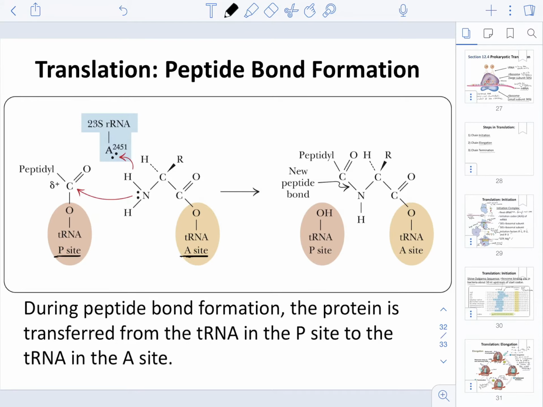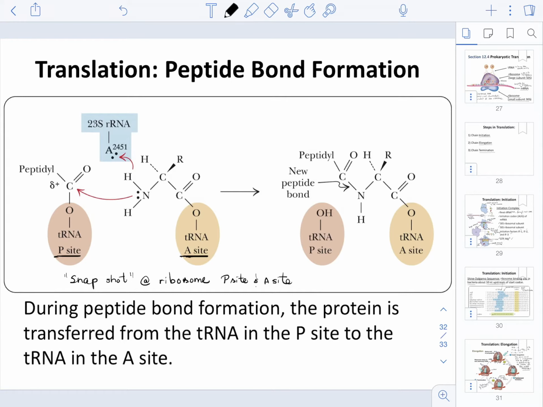As I already established, A site means aminoacyl site, and P means peptidyl site. So what happens overall in the ribosome is kind of like a snapshot of the P site and A site.